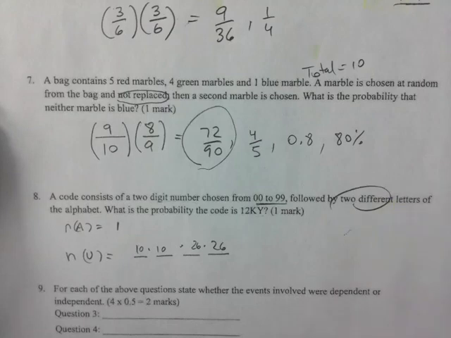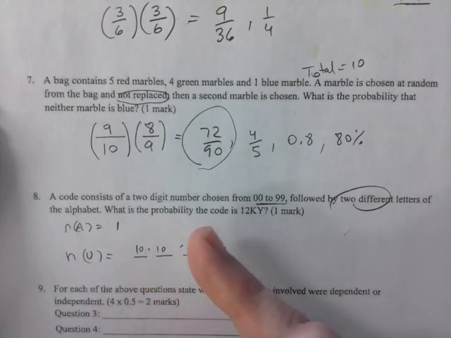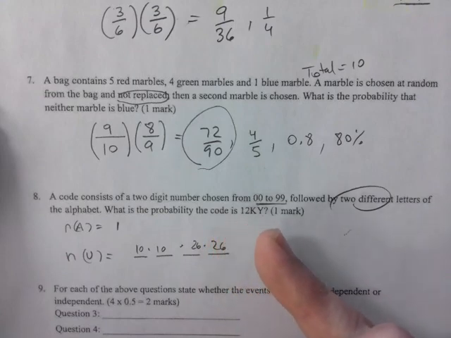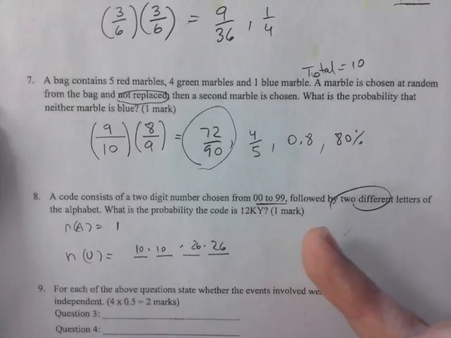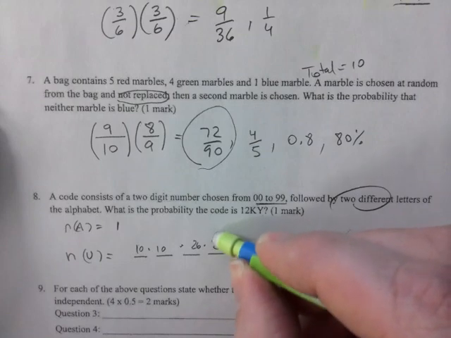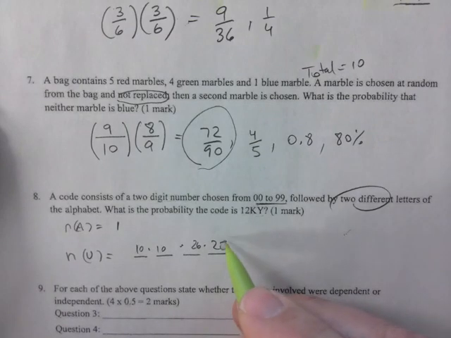Oh, sorry. That's why I read it one more time. 2 different letters. 2-digit numbers chosen from 00 to 99, followed by 2 different letters. So the letters have to be different, right? Yeah. There you go.